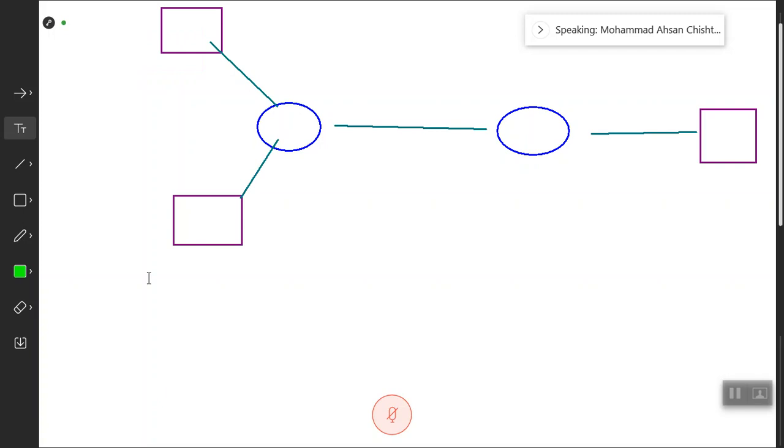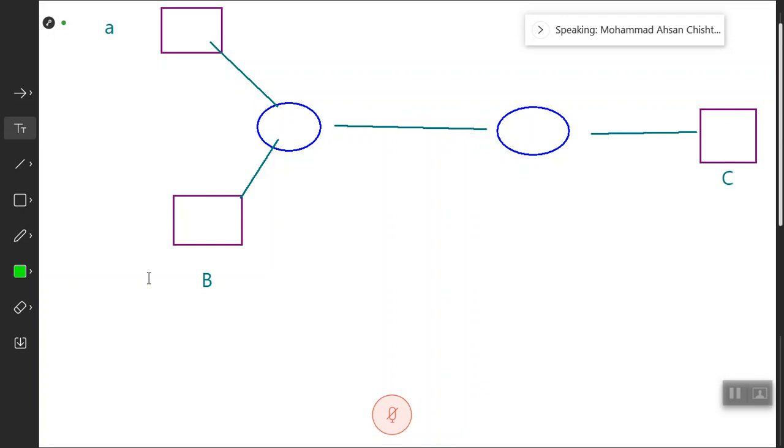Now I have here A, I have here B, and I have here C. The transmission is between A to C and B to C.